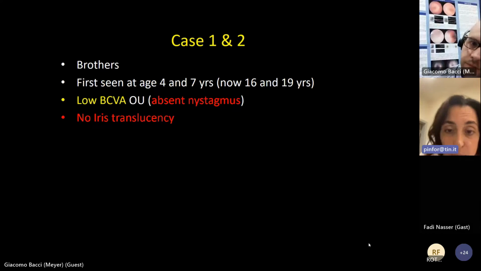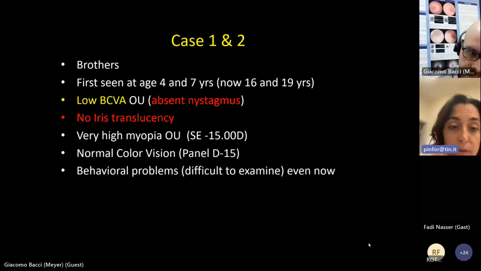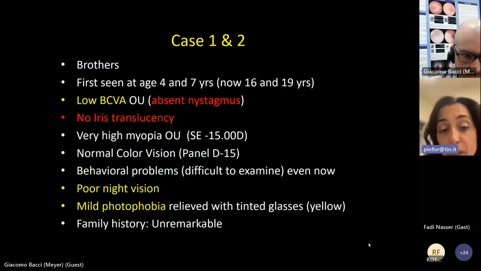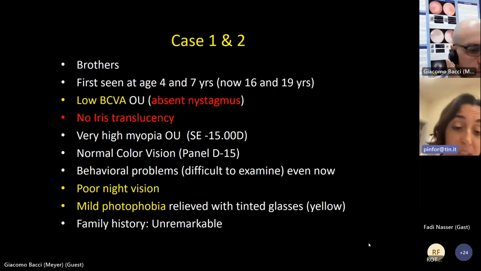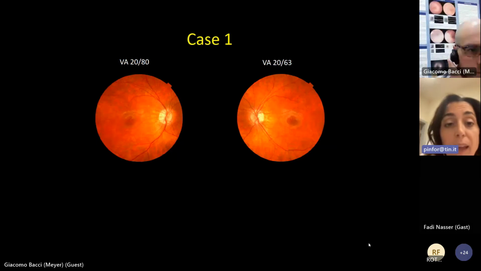They have no nystagmus and a low visual acuity, no iris translucency, have high myopia and normal color vision, but have some behavioral problems. We have great difficulty examining these brothers.